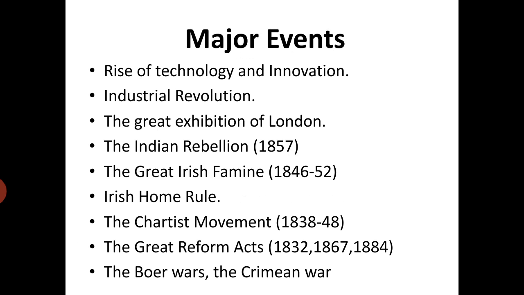This Victorian period has major events like this: rise of technology and innovation, the Industrial Revolution, the Great Exhibition of London, the Indian Rebellion of 1857, the Great Irish Famine 1846 to 52, Irish Home Rule, the Chartist movement 1838 to 48, the Great Reform Acts of 1832, 1867, and 1884, finally the Boer Wars and the Crimean War.